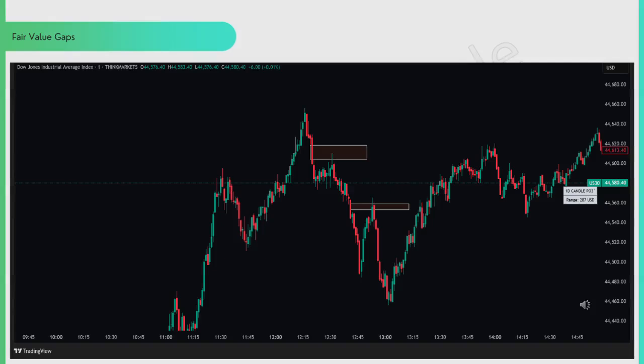So this doesn't just occur on 1 minute or 5 minutes, it occurs on every time frame, be it daily, be it monthly, be it hourly, for hours, you will find it there.